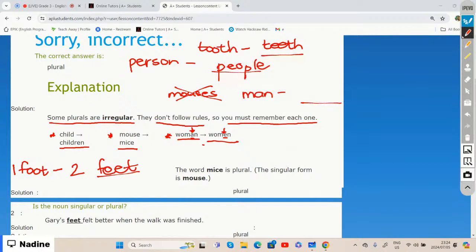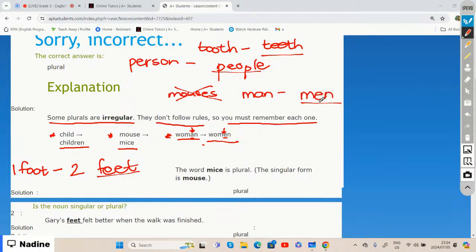What is the plural of man? Yes, so one man, but there are lots of other men.